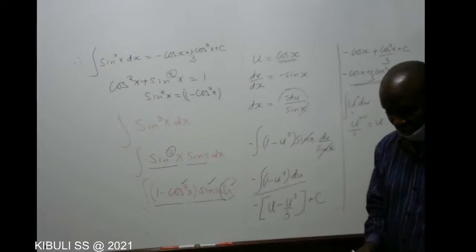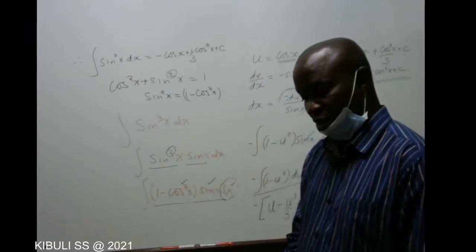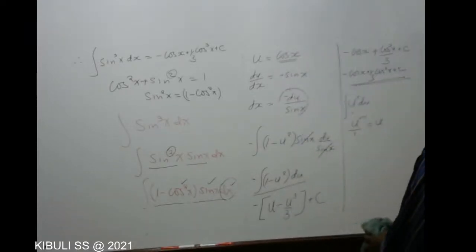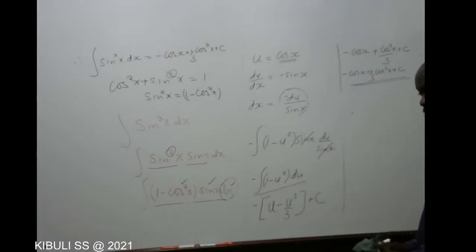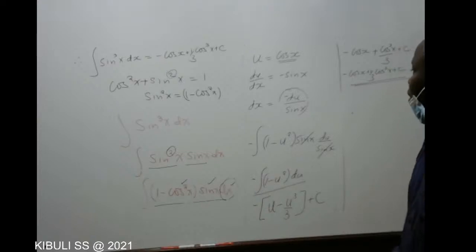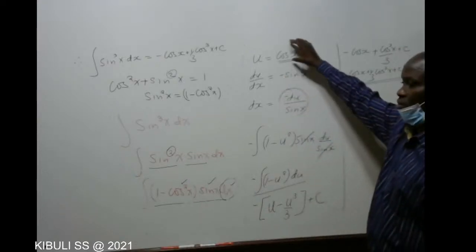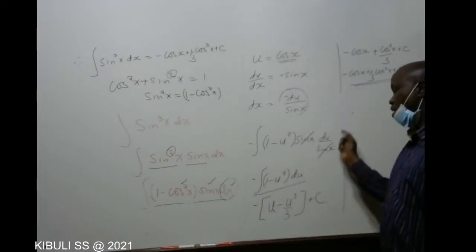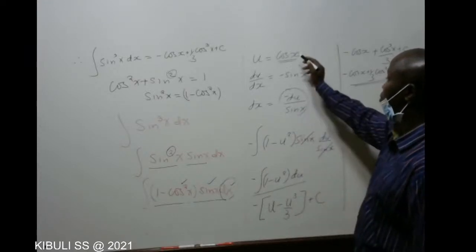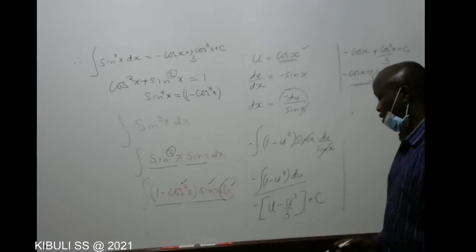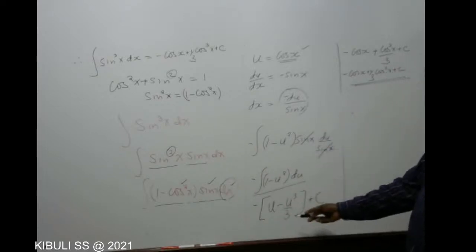But you must recall that at the beginning, we didn't have u. u was a variable to represent the function. So you must go back and recall what my u was. u is equal to cos x, then you substitute for u.